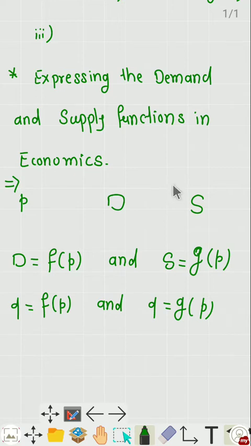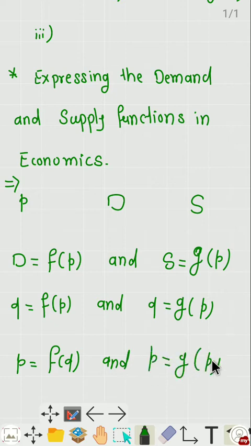However, since price is a reflection of demand as well as supply in economics, the functions are expressed in terms of P. That is, they are written as P equal to f of Q and price P equal to g of Q. So the price function we can express in terms of quantity.